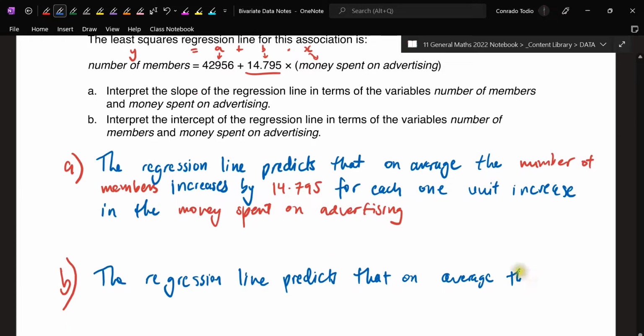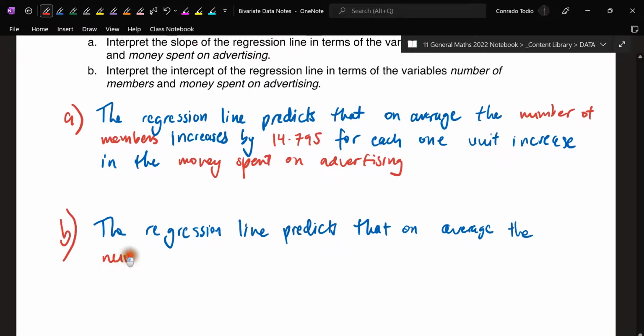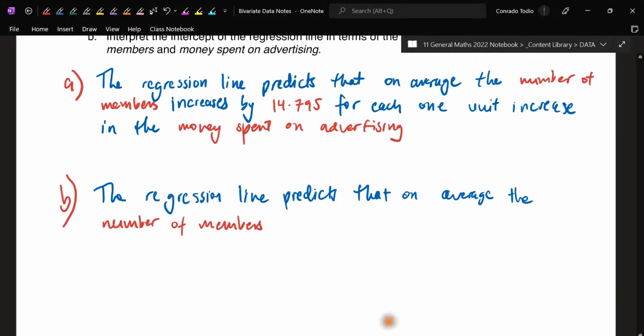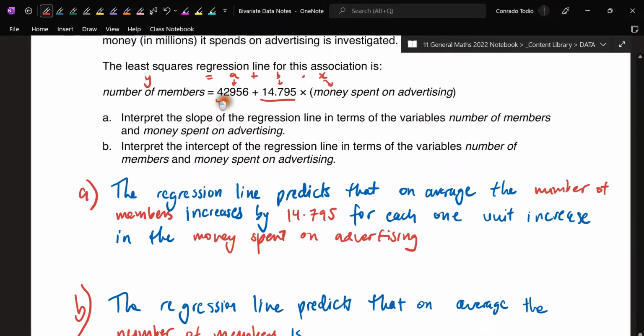Don't write RV. You have to tell me what the RV is. The RV in this case is the number of members. It is, the intercept, so tell me the y-intercept, which in this case is 42956.